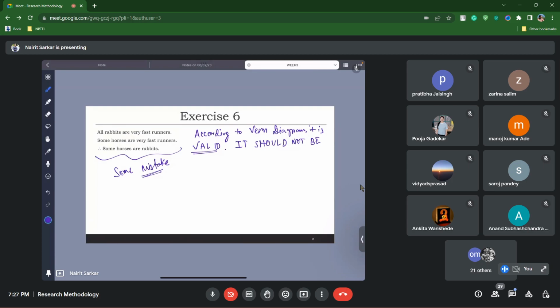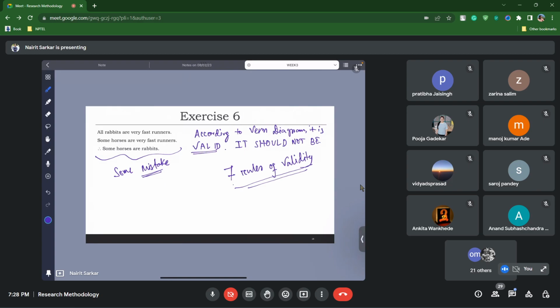So in the next class, we will study the 7 rules of validity, because although it is valid using the Venn diagram, it is not valid when we use the 7 rules of validity.